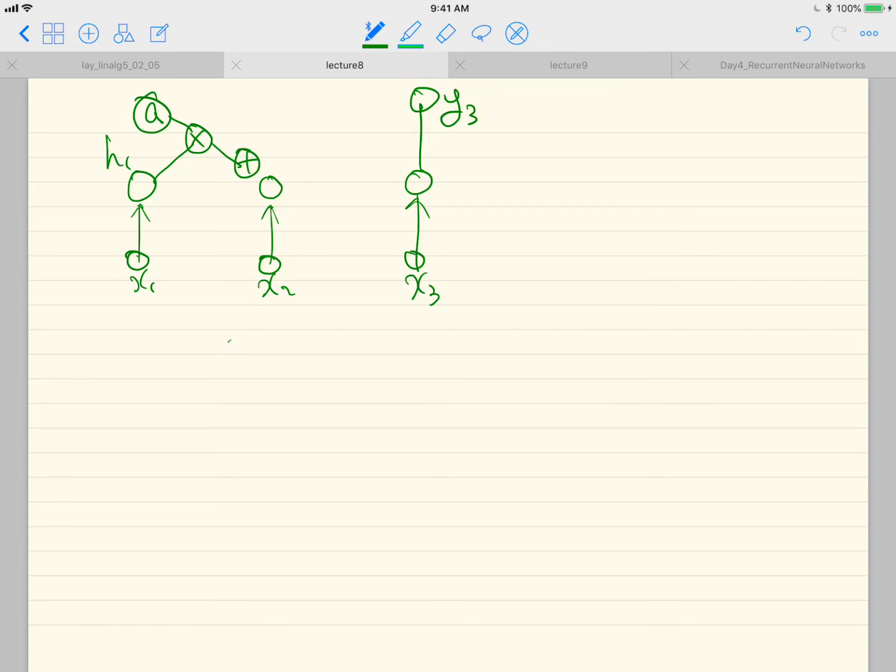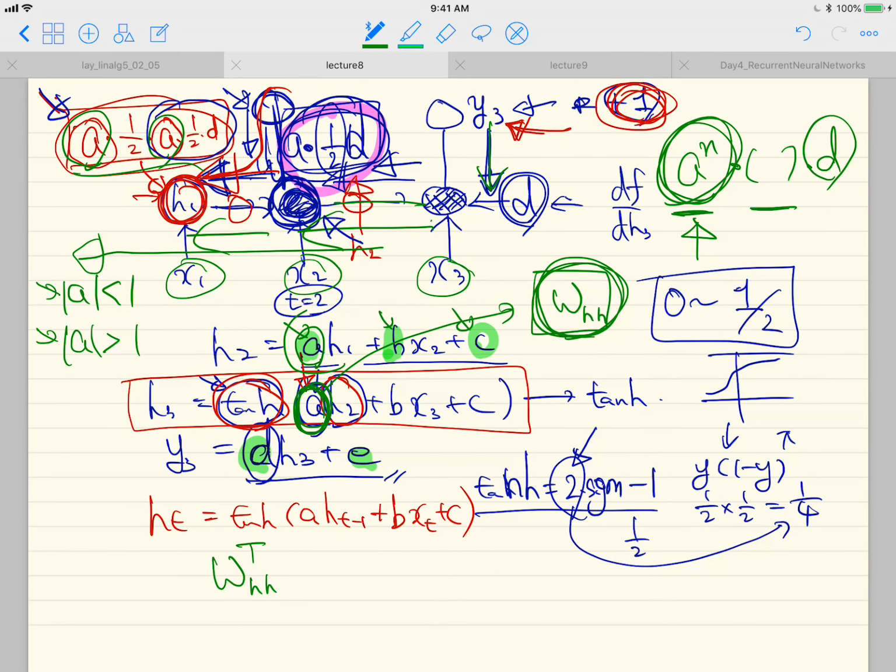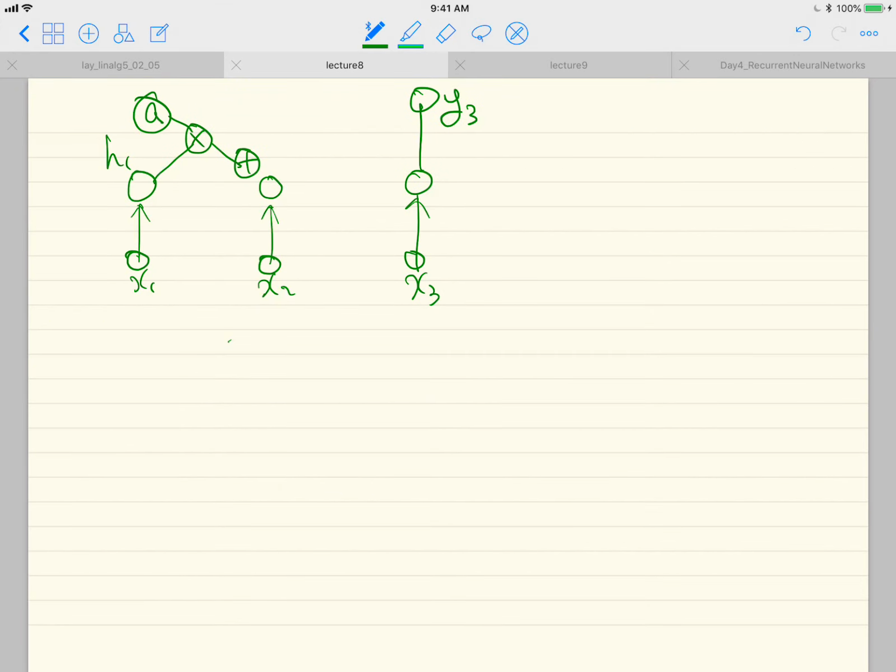So we have A H1 and B X2 and so on, right? And here we have B, and then they are multiplied together and then added together, right? And then we have C here, and they are also added, right? And then this one corresponds to this node, right?